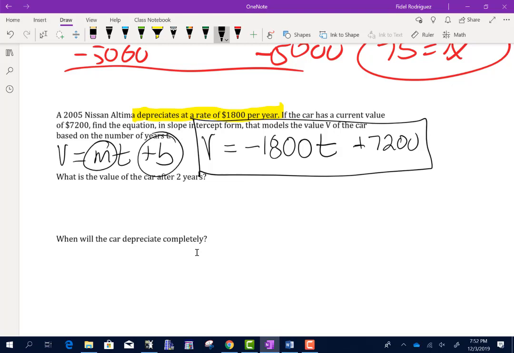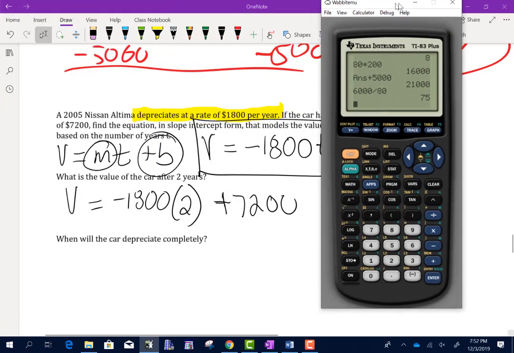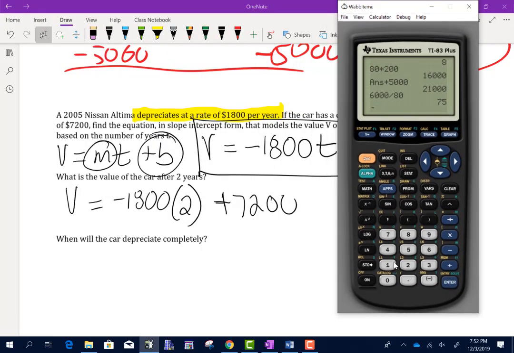Okay. Now look at the next part. It says, what's the value of the car after 2 years? Well, after 2 years, we're going to take negative 1,800 times 2 plus 7,200, right? So I'll take my calculator. What's negative 1,800 times 2?